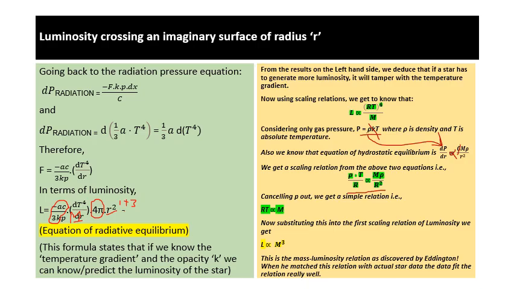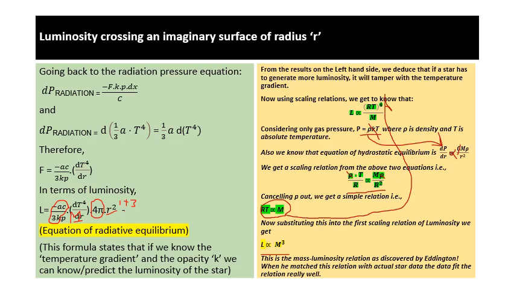So here also cancelling the densities, considering them to be constant over large scales, we get RT is proportional to M. Now substituting RT as M in this equation, we simply get L is proportional to M cube.